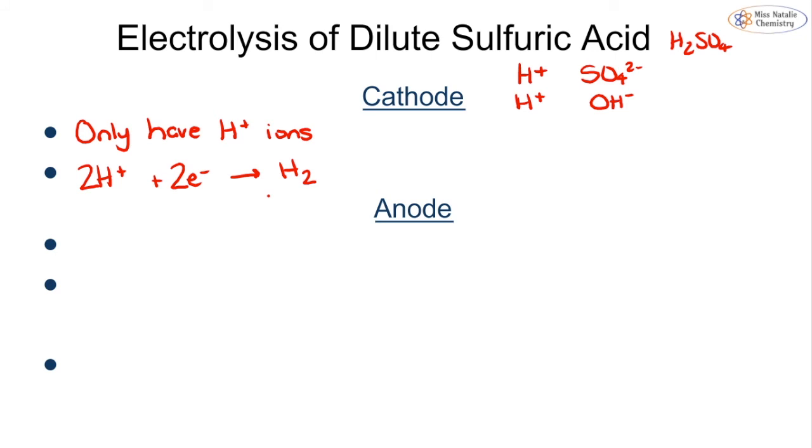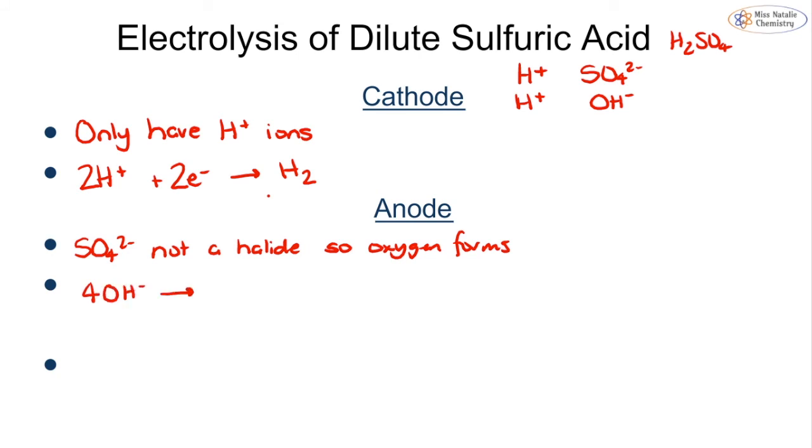And at the anode, again, we have our same thing happening, that the fact that sulfate is not a halide, so oxygen forms, and we have that same process, our same half equation where we have 4 hydroxides giving us 2 waters plus the oxygen gas plus the 4 electrons.